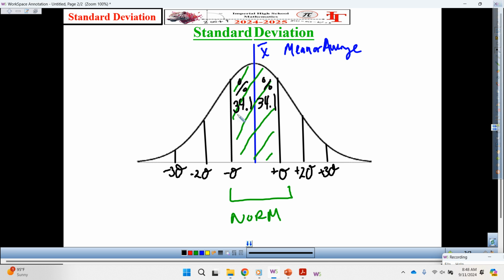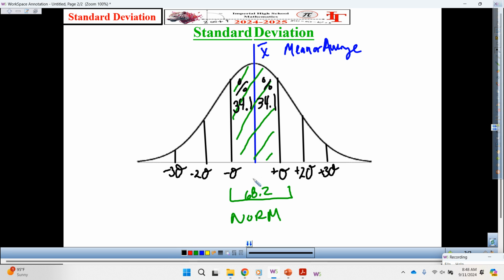If you go down, it's 34.1. So that means together, what would be the normal percent of people that eat at least 3 meals or one more or one less? So you remember the total percent. What is the total percent, everyone? 68.2. That is correct. 68.2 is the norm.